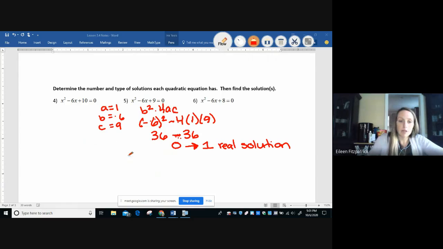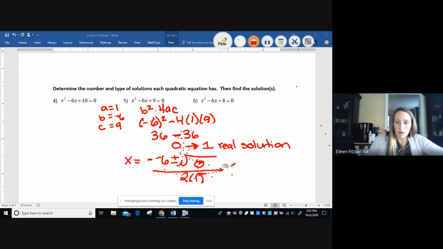So again, now we're going to use the quadratic formula, but we're already kind of done. It's -b, remember this is a -6, so -(-6), plus or minus the square root of the discriminant, b squared minus 4ac, so we know that that's a 0, all over 2 times a, so 2 times 1, okay?